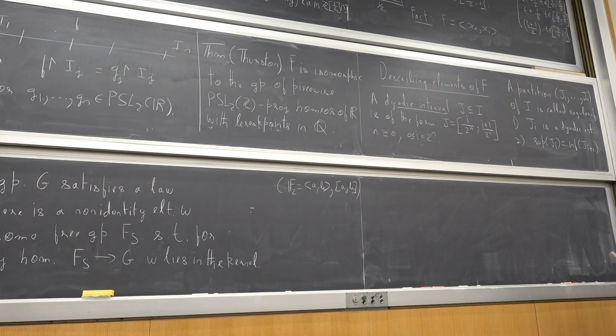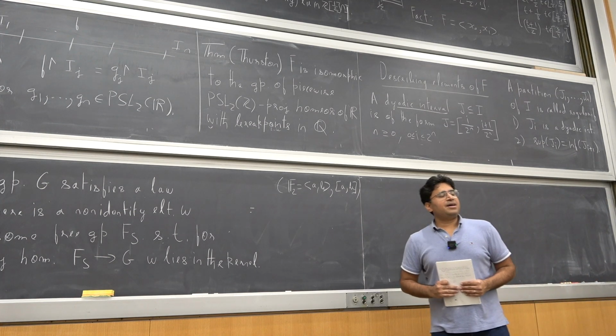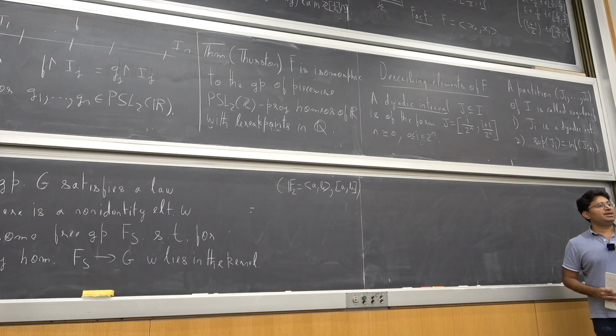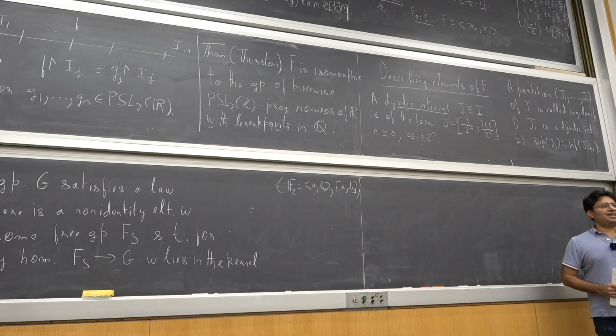Now, this raises an interesting question, which was a classical question. Can you have a group that does not satisfy a law, yet does not contain a non-abelian free subgroup? So the reason for it to not satisfy a law doesn't come from the fact that there is some subgroup which is a free group, which is a very naive reason for it to not satisfy a law. And it turns out that Thompson's group F answers this question.